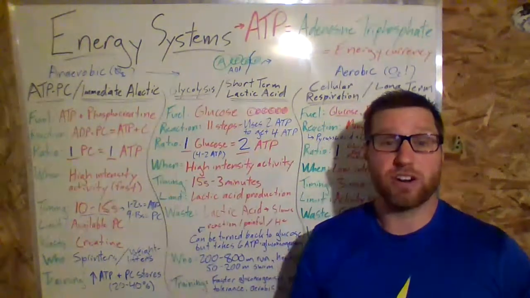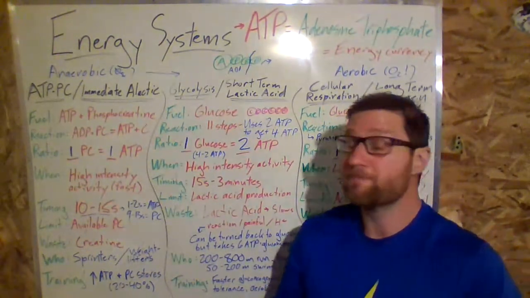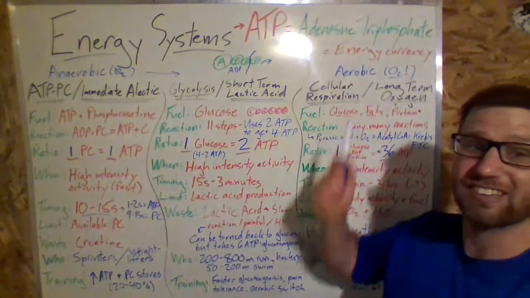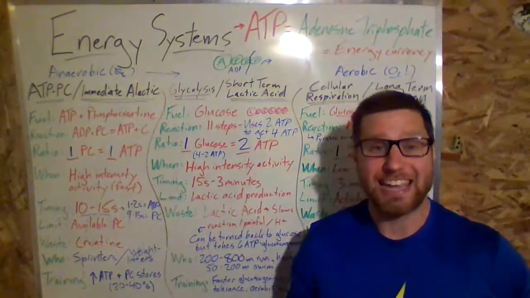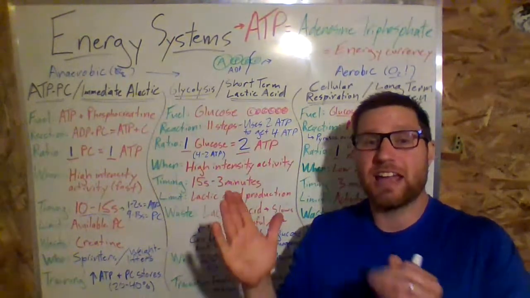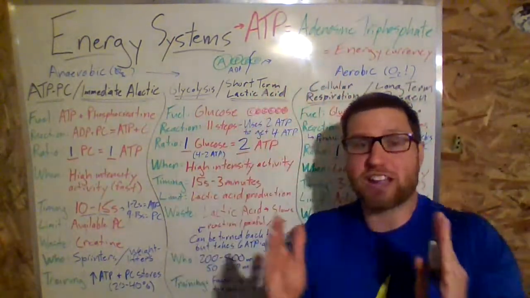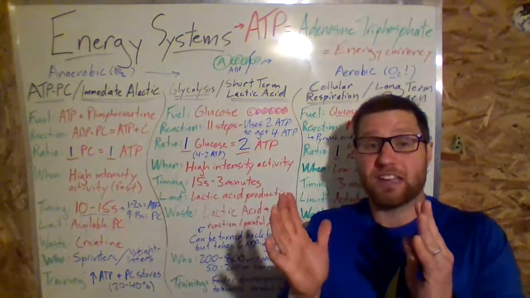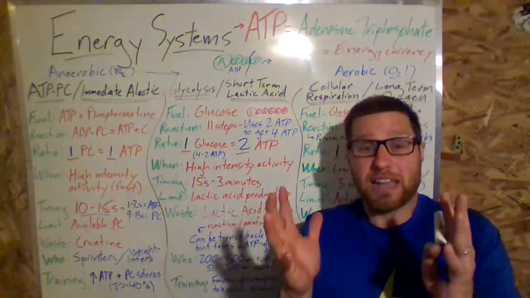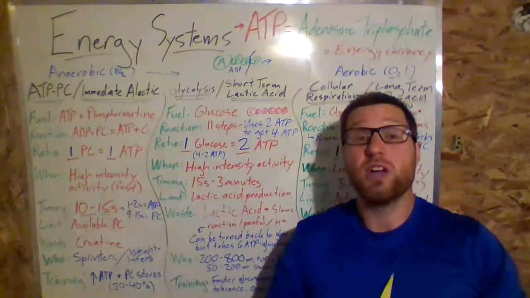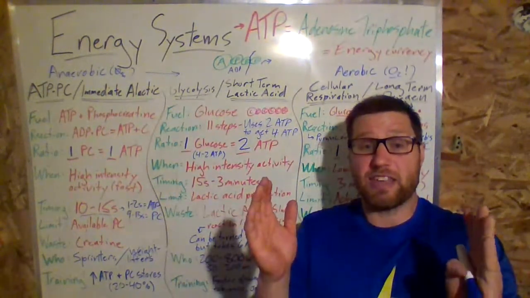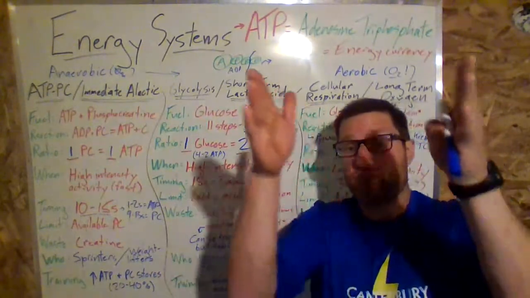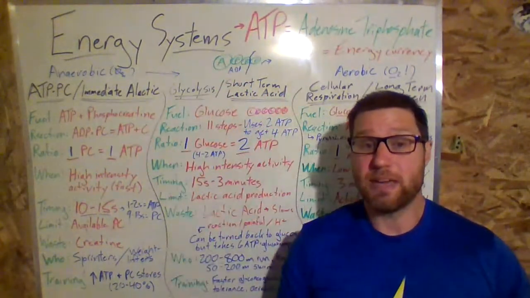And that's what your energy systems provide. That's why we call ATP the energy currency of your body. It is the way that energy is transferred around in your body. It's like we have money, and then there's value on the money. Well, the value is energy, but the mode of transport is ATP.